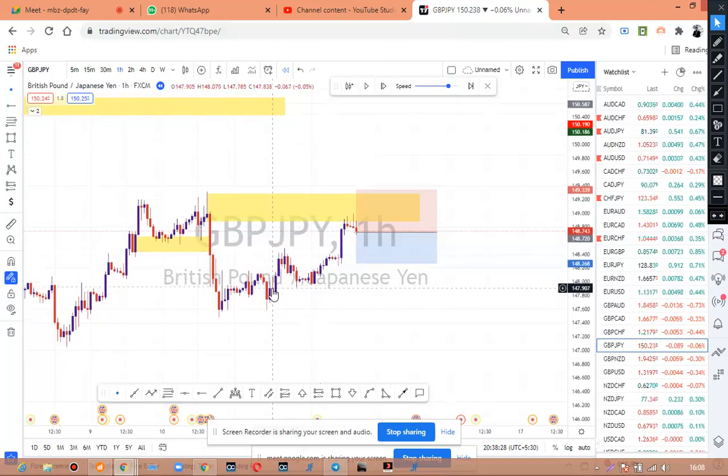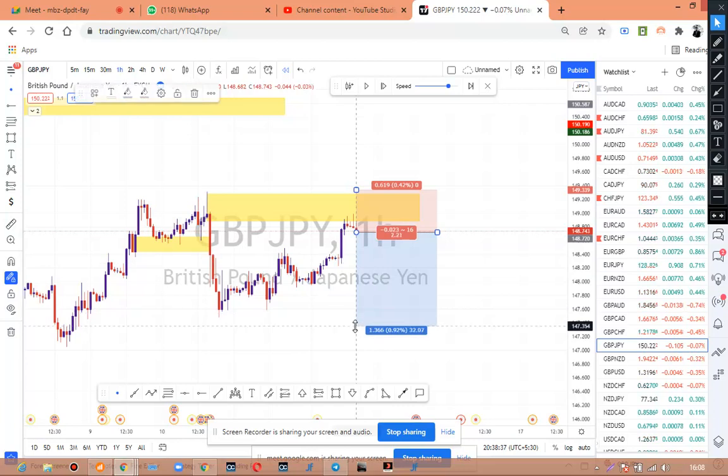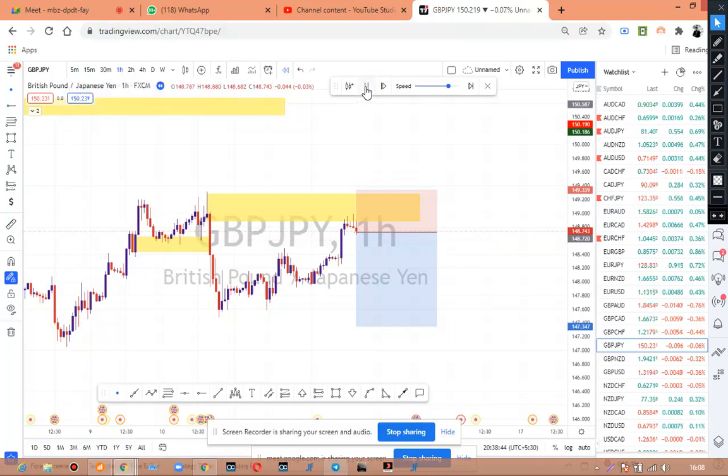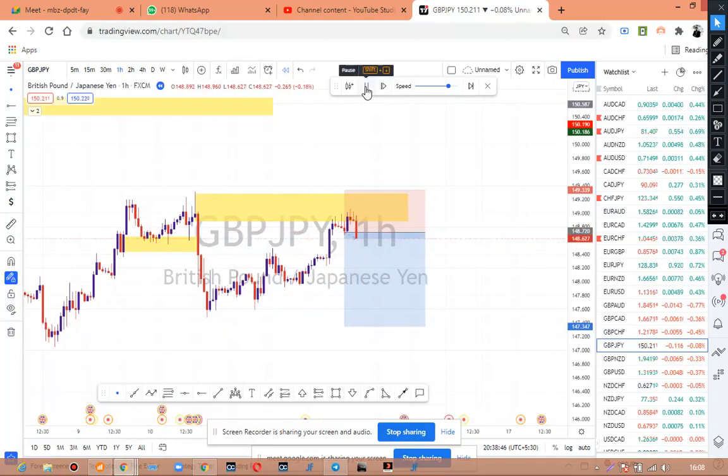This demand zone here is not fresh. Let me say this level here is a new fresh demand zone. So let's play out and see if we're going to win this trade.